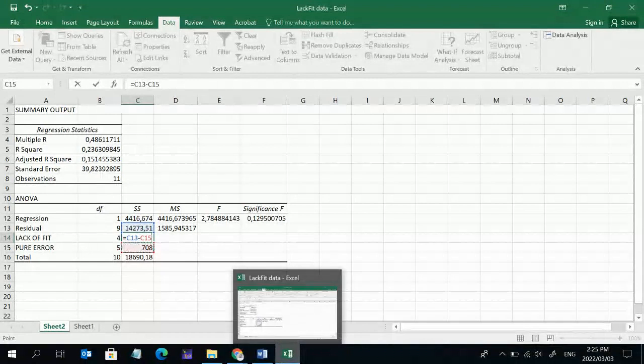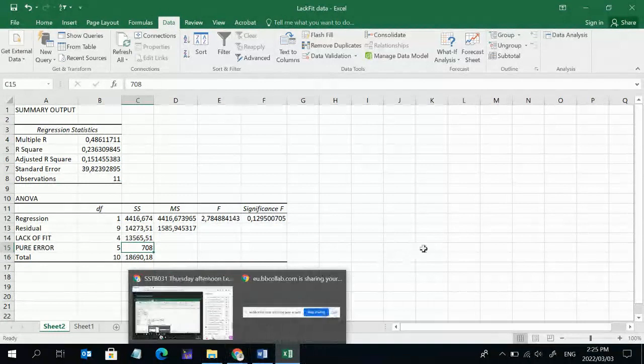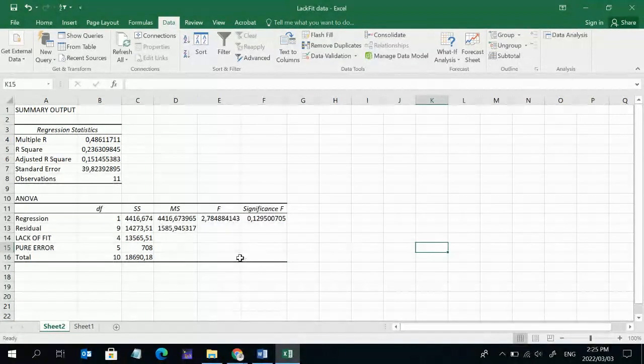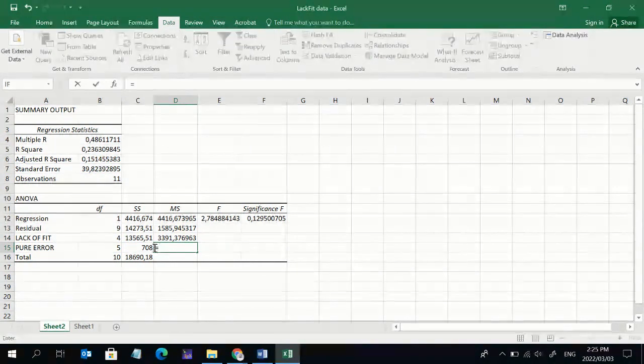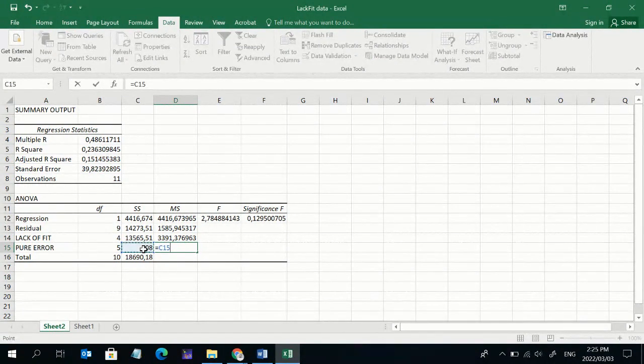So we have 14,273.51 minus 708, and that will give us our SS lack of fit. Then we divide our SS lack of fit by the degrees of freedom, which is 4, and we get that value. We also divide our SS2 error by the degrees of freedom, which is 5, and we get the value.